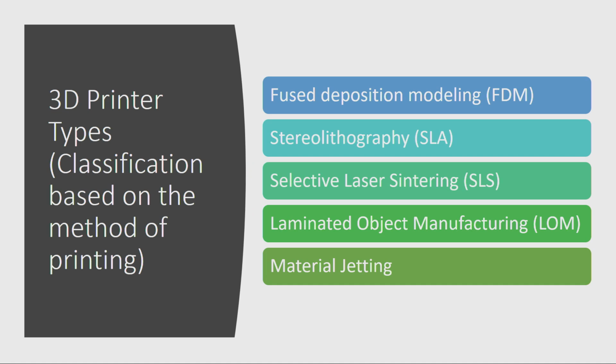I will explain about 5 different types of 3D printers, or 5 different types of 3D printing technologies. There are more than 5 different types, but all the different types can be grouped similar to the 5 I am explaining here.